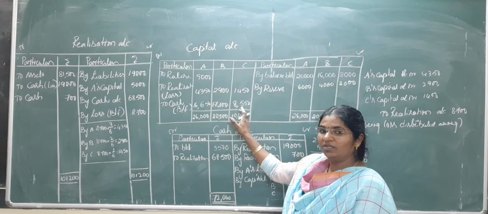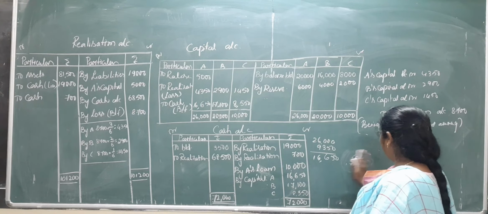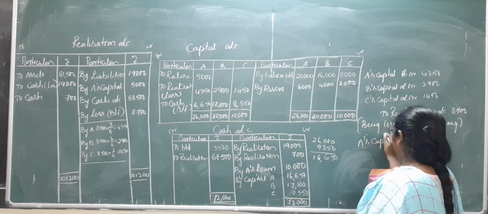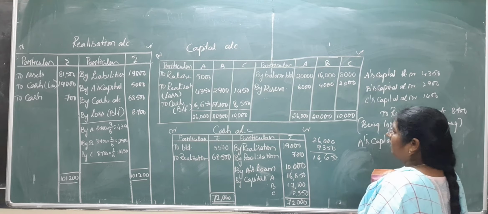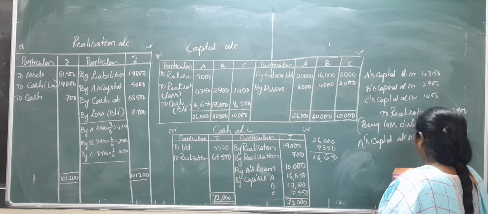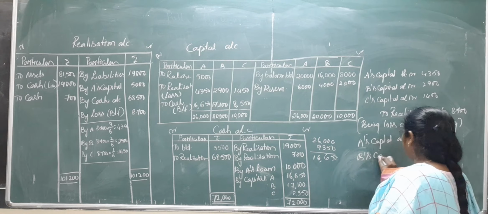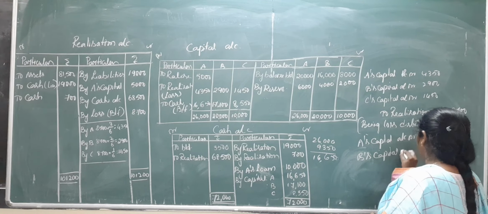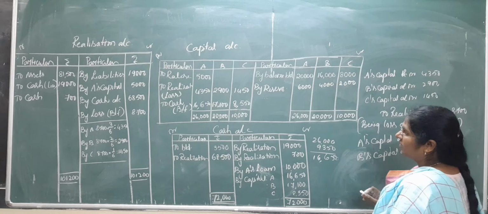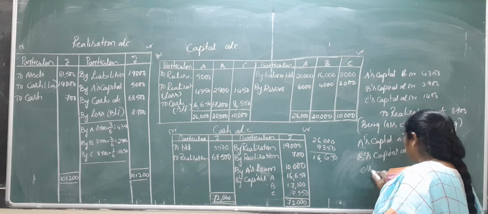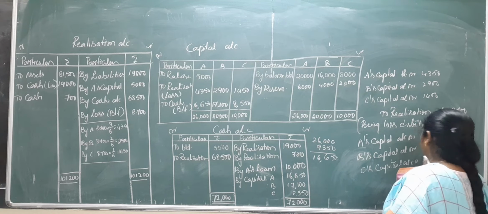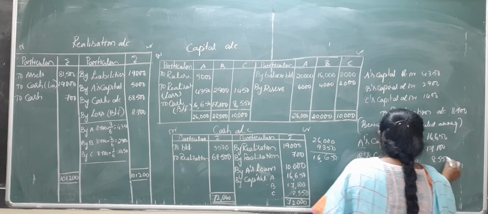Here the capital accounts are debited, so write over here again A's capital account debit. How much balance is there? Balance is 16,650. B's capital account debit 17,100. C's capital account debit 8,550.